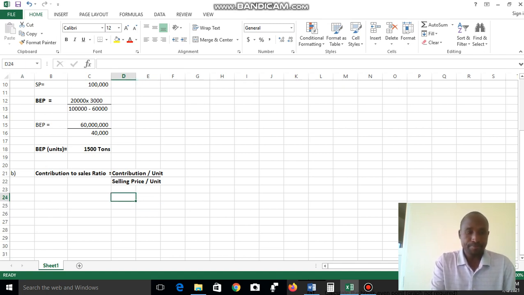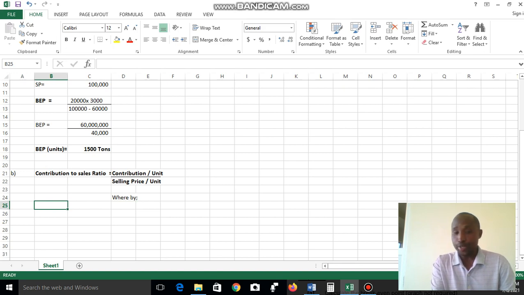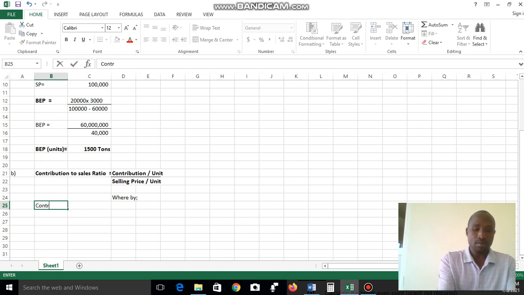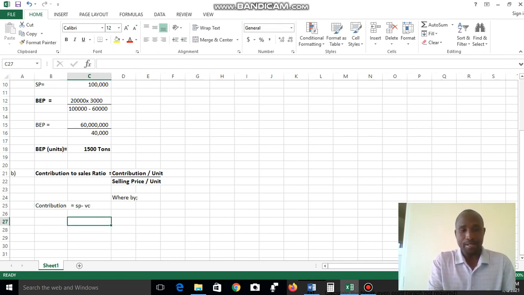Whereby contribution is equal to unit selling price minus unit variable cost. I think we have already seen that.